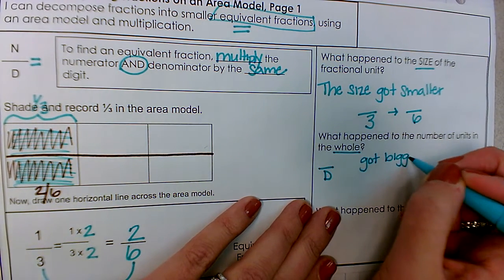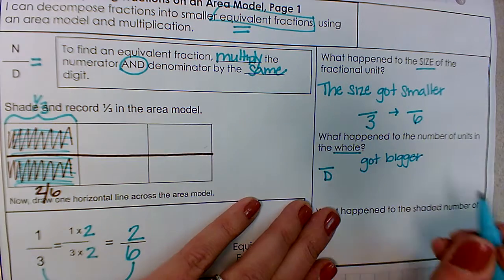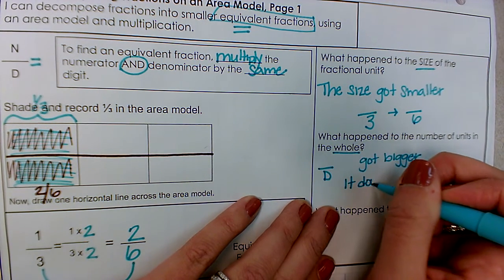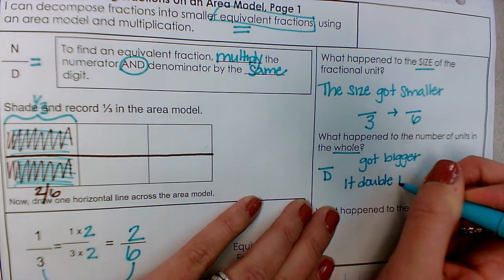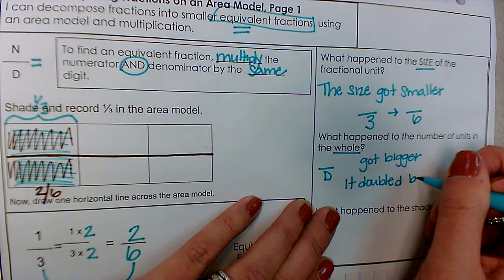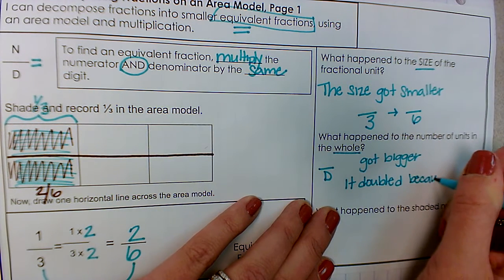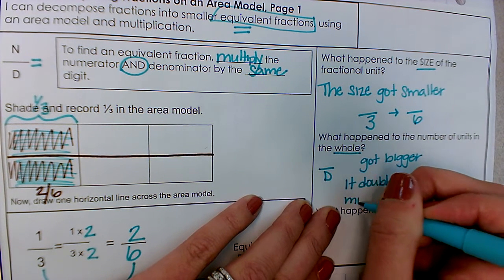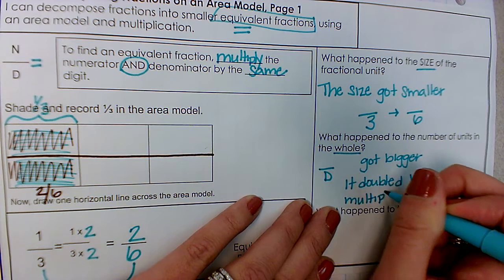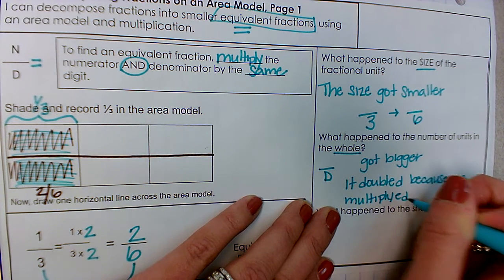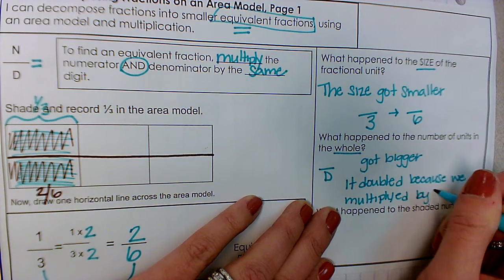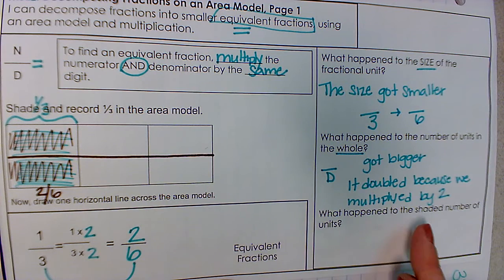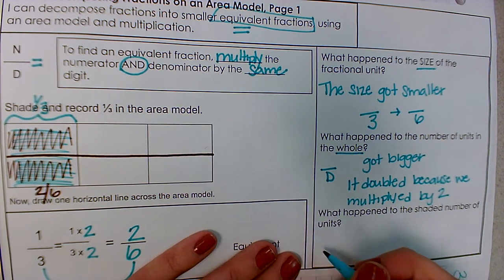And really, from 3 to 6, it doubled because I multiplied it by 2. So when I multiplied by 2, it doubled the denominator. Now it says what happened to the shaded number of units.